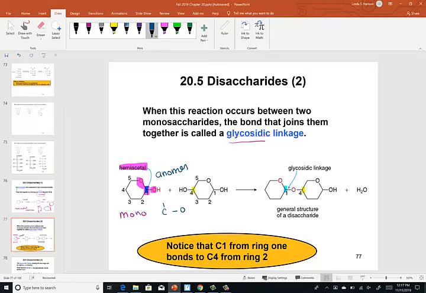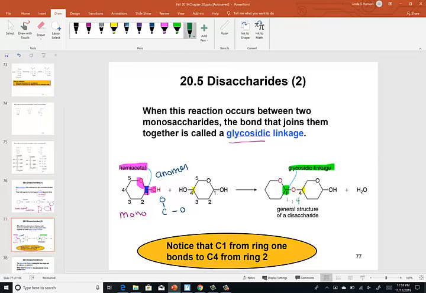Now compare this to a glycosidic linkage, where the anomer carbon in molecule 1 is positioned to attach to another cyclic structure from its position number 4. We'll practice this in our drawing.